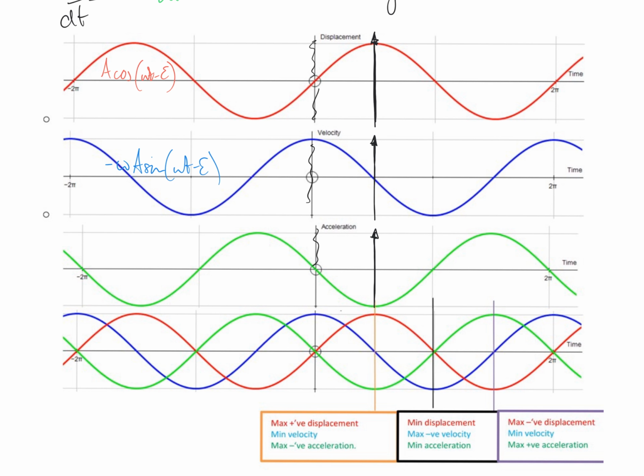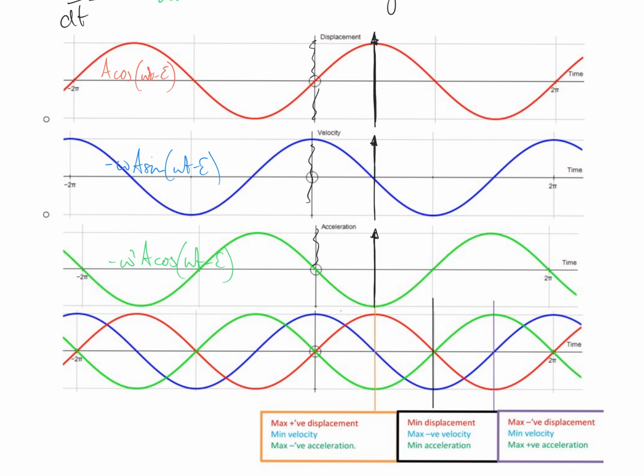And therefore finally, for my green, minus omega squared a cos omega t minus eta, which again is right because I've got minus cosine, which is inverted right down to here compared to that one.